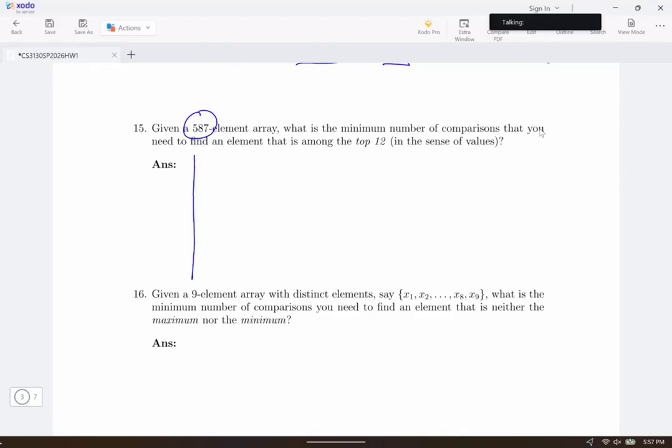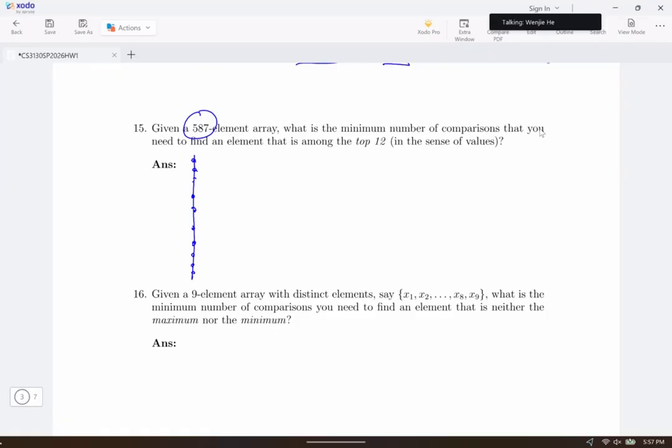Now we imagine all these elements have some positions. If they are sorted in the array, there are appropriate positions for these elements.